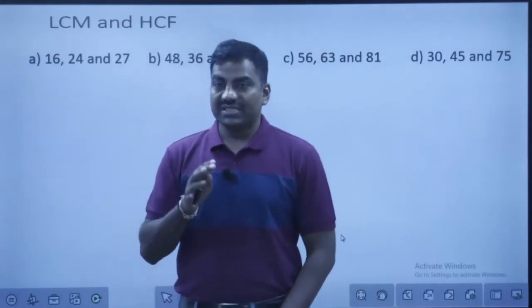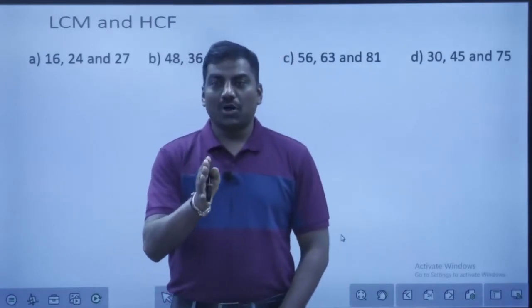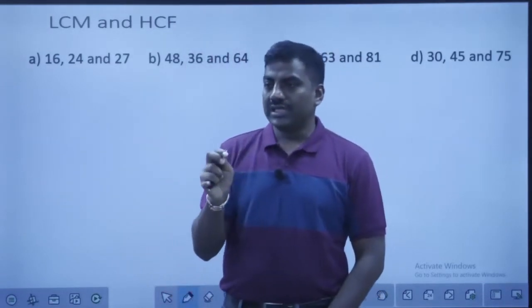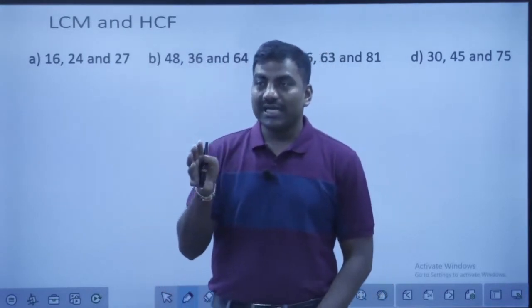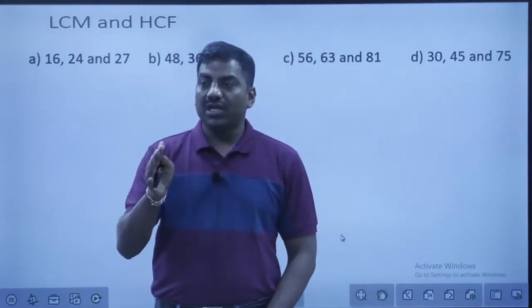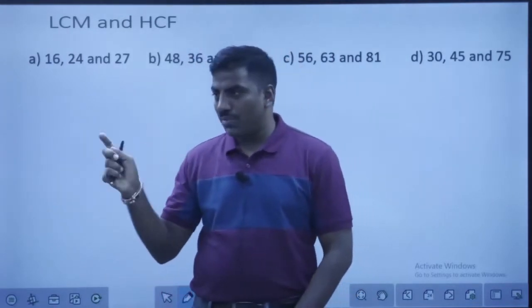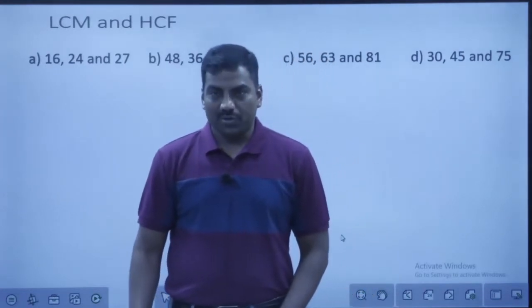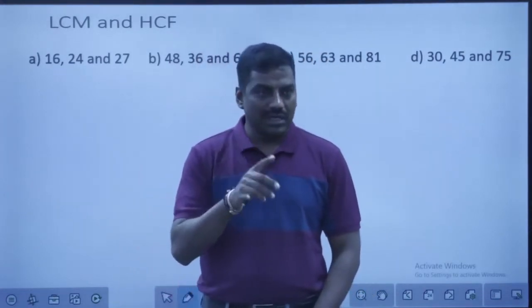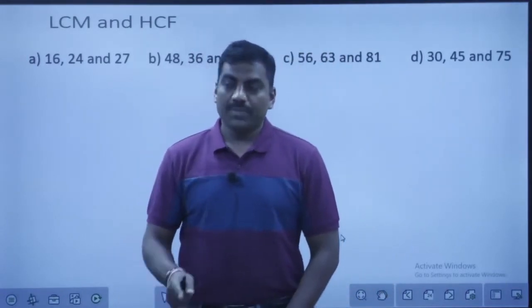So when a question is given in the question paper, you have to first decide which problem it is. Usually when 2, 3, 4 continuous values are given by commas, that is an LCM or HCF problem, because you have to find either a multiple of them or a factor of them.